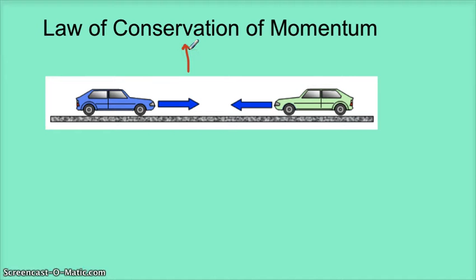This states that the total amount of momentum in a system is conserved. If cars collide head-on, the one with the most momentum will push the other. If they're going the same speed, but the green one is heavier, then whenever they collide, the collision will push the other car, the blue car, a little bit this way.